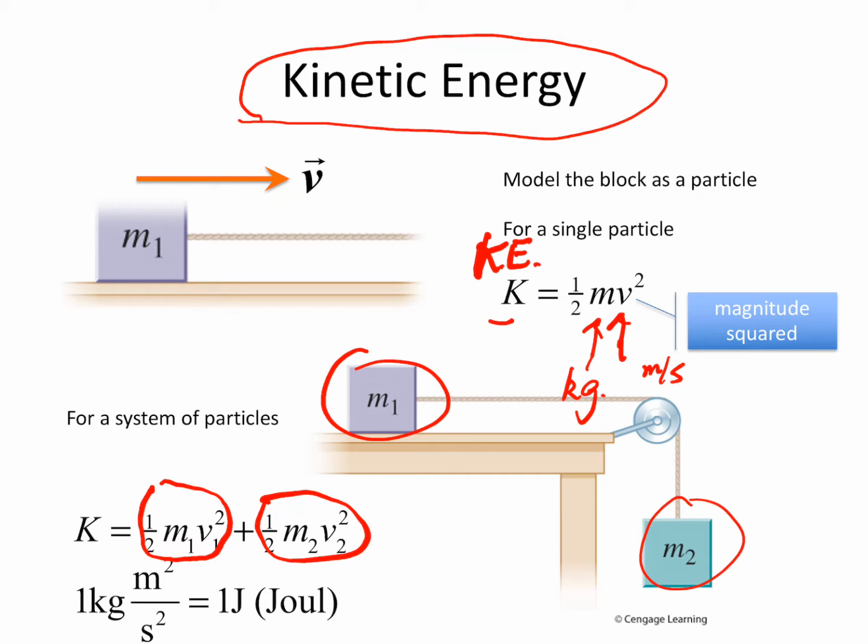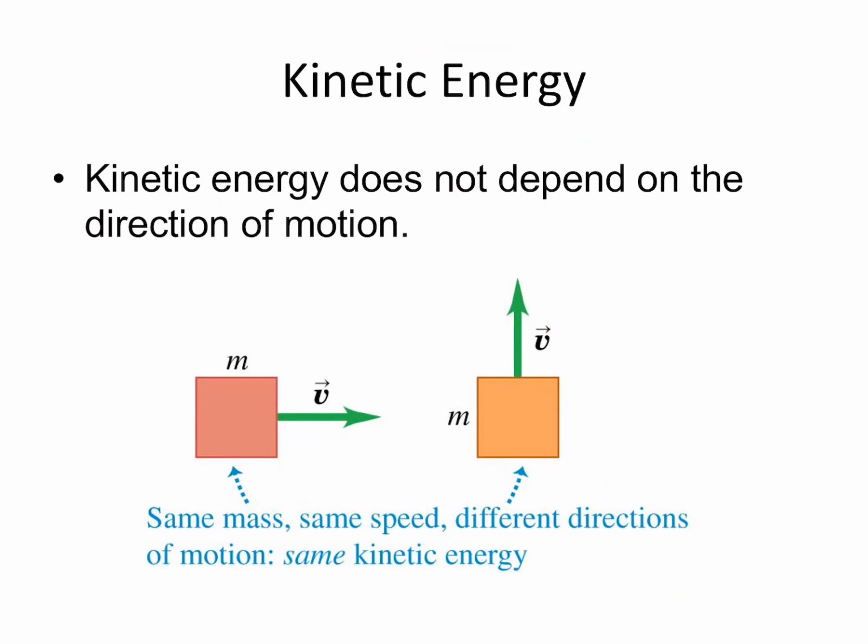Because this is too messy, we define another unit, which we call the joule. So 1 joule is the SI unit for energy. 1 joule is 1 kilogram meter squared per second squared.